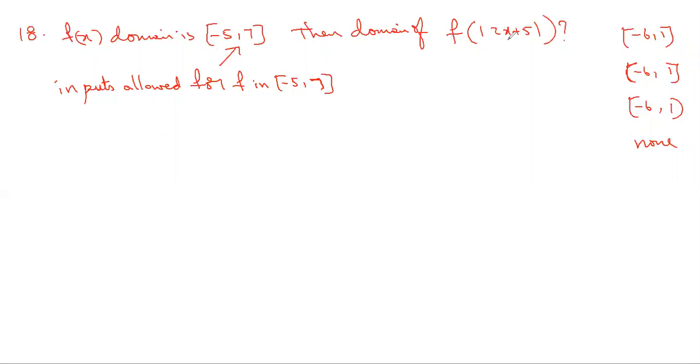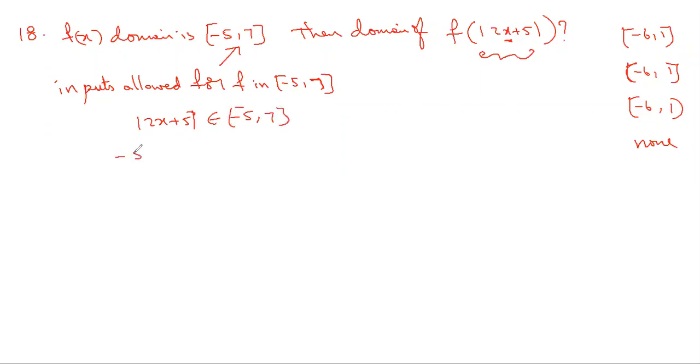So the domain of this function is the possible values of x such that this f is defined. That means the inputs of f should be in this interval. So as inputs allowed for f are between -5 to 7, the |2x + 5| is the input for that. So |2x + 5| must belong to -5 to 7.